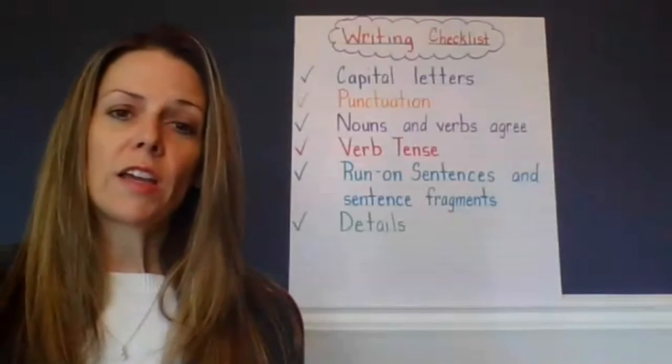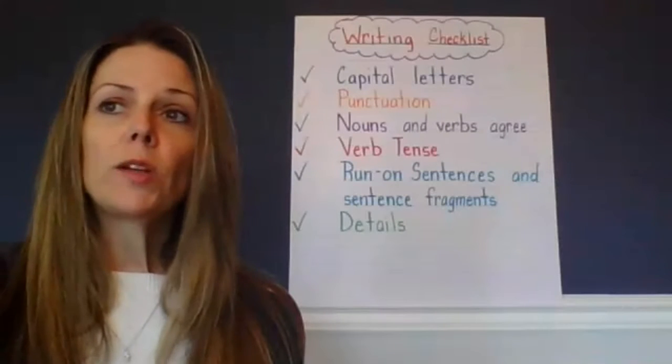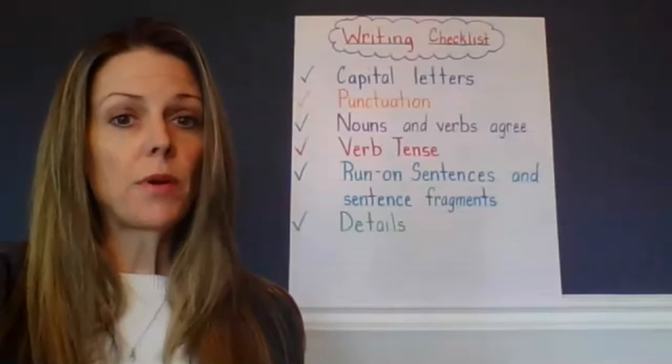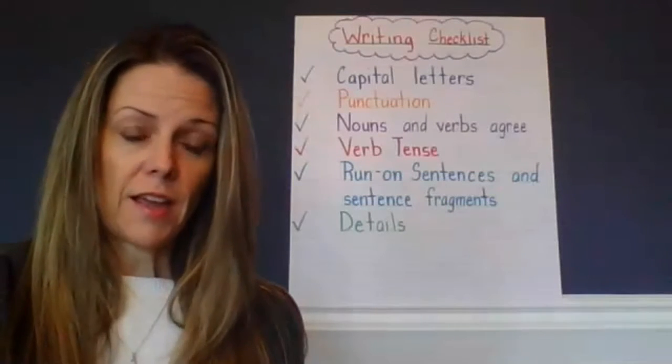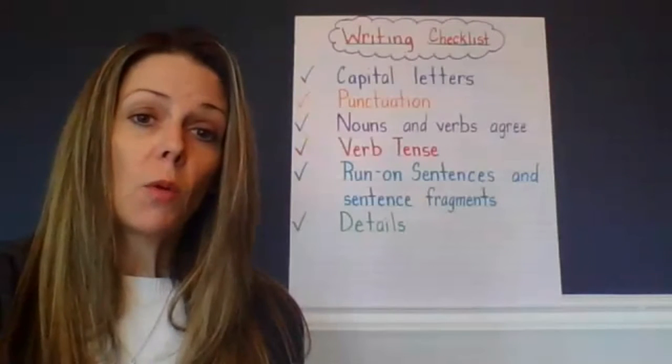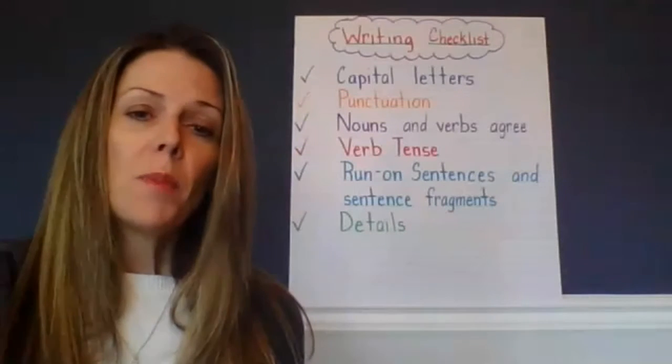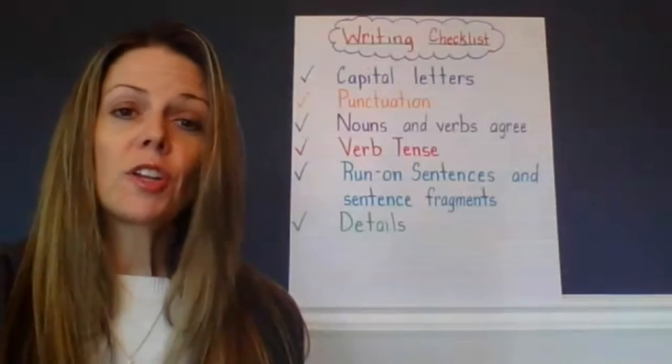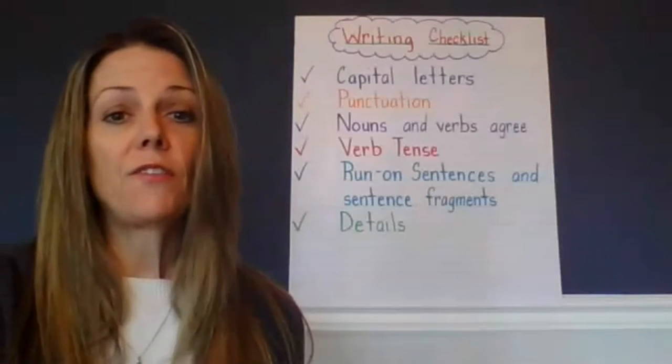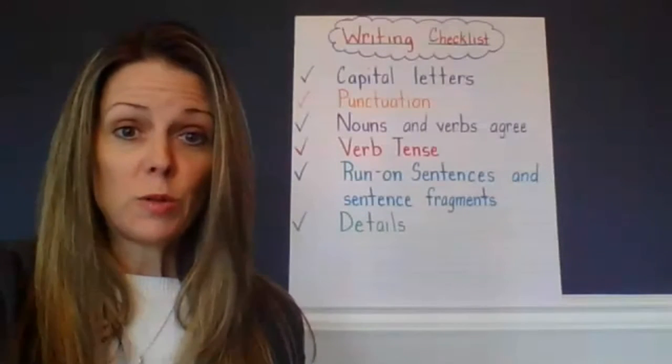Mrs. Corwin and I have been talking about your writing, and we're noticing a lot of the same things keep happening in all of your writing. They're things that all of you know exactly what to do, but maybe because we've been out of the classroom for a little while or you're in a different environment, you're forgetting to do those things.